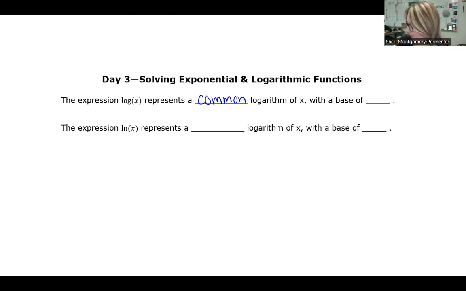If you weren't able to look at that and identify that that is a common log, then you need to go look at your day 2 notes and highlight that word, common log. What is the base for a common log? 10. Yep. Go back and highlight that from your day 2 notes. We need to remember that. You need to know that.